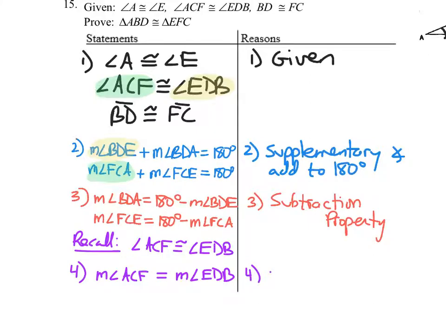And that's because congruent angles, I'm going to use mostly symbols here, have equal measures.